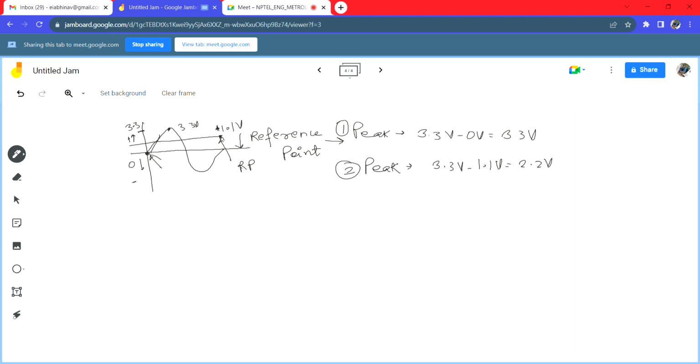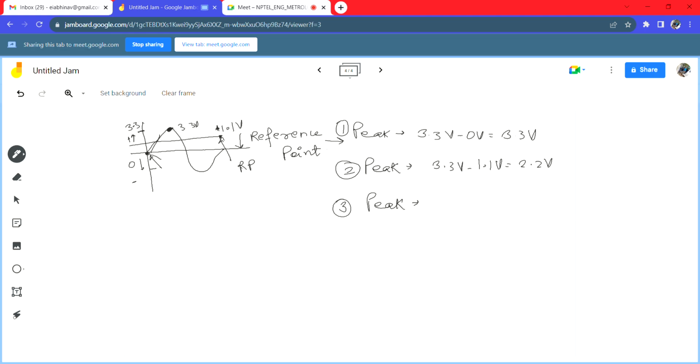So there is the same peak, but the answer that we are getting is different because we have changed our reference standard. We have changed our point of comparison. We have changed our comparator. Now let us see another example in the same graph.